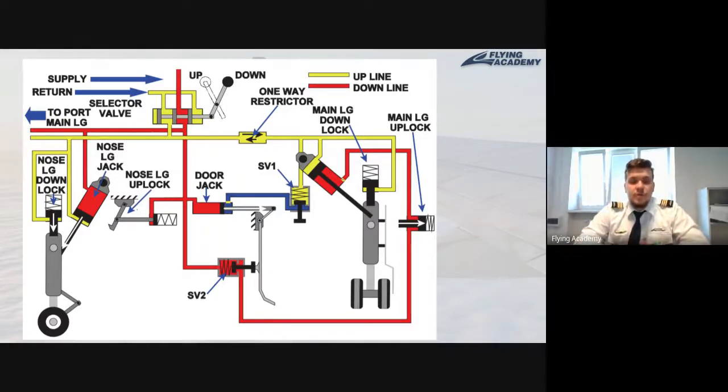And the first thing which will happen when we, for example, start extending the landing gears, we'll need to unlock the door, open the door, unlock the gear, lower the gear, lock the gear. Retraction will happen in the opposite direction. Unlock the gear, retract the gear, lock the gear, close the door, lock the door. In some airplanes, locking the door and locking the landing gears will happen with just one action. Again, later in the video, we will see how exactly it happens.